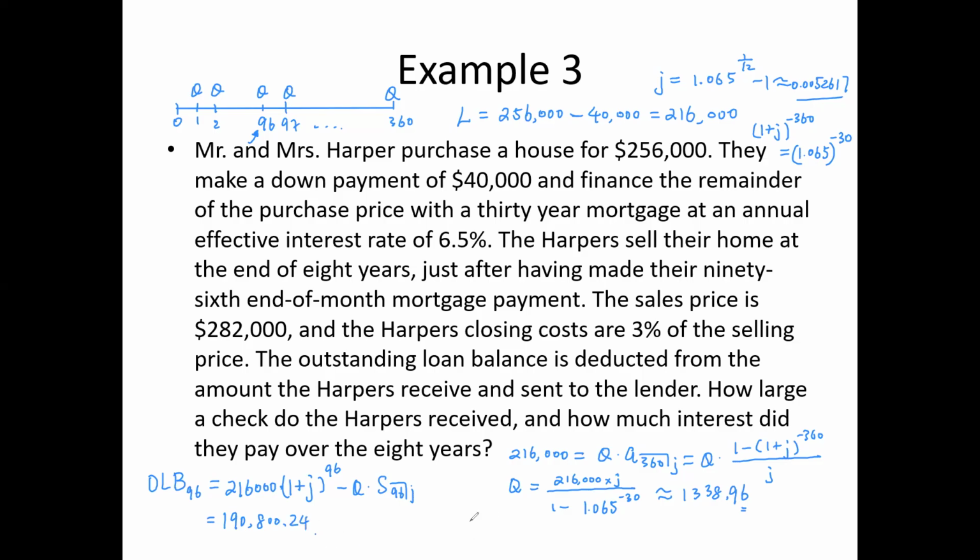If you use the prospective method, which is Q times a sub 360 minus 96, that's 264 angle J. So we have 96 payments and we have 264 payments.